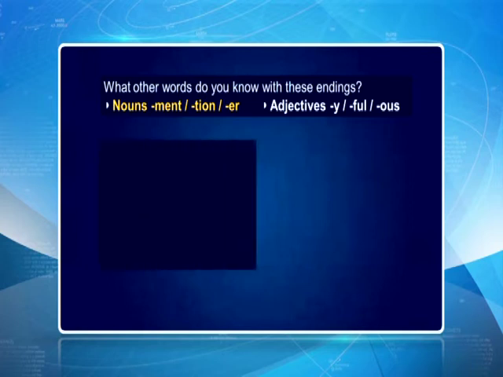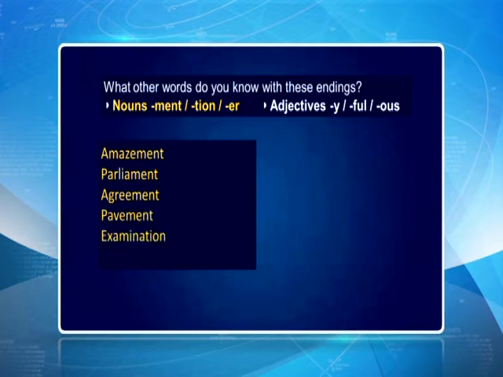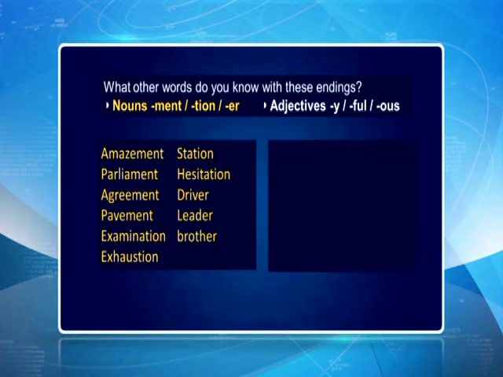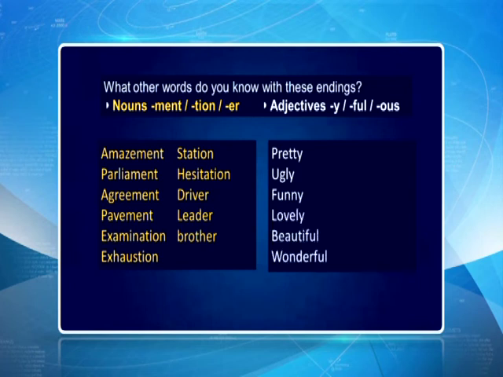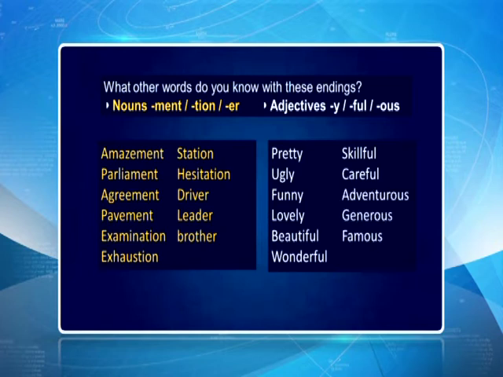Examples of nouns could be amazement, parliament, agreement, pavement, examination, exhaustion, station, hesitation, driver, leader, and brother. Whereas the adjectives, you can think of pretty, ugly, funny, lovely, beautiful, wonderful, skillful, careful, adventurous, generous, and famous.